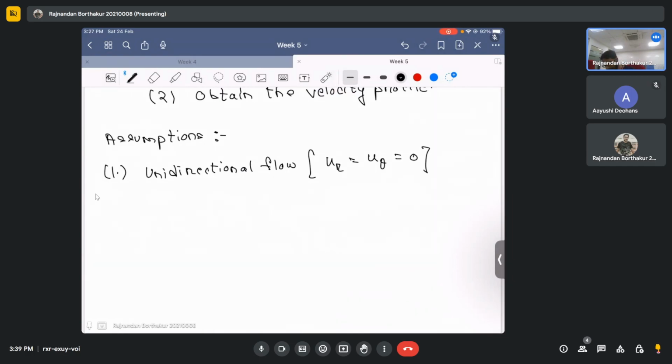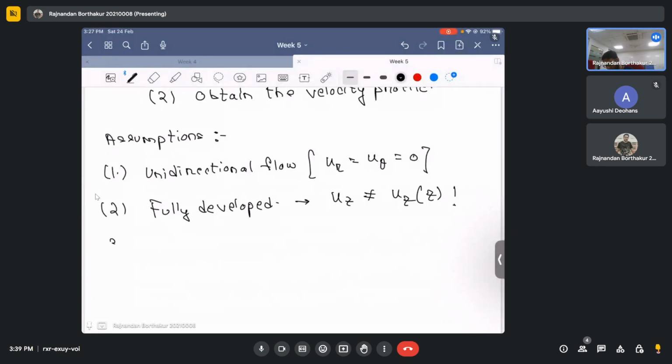Okay. The second assumption is that we will use the fully developed assumption. So the flow is fully developed, which means that u_z is not a function of z. That is what it suggests.